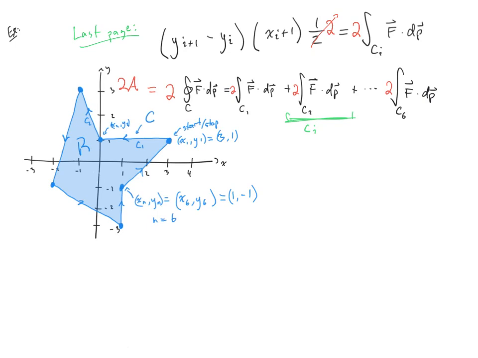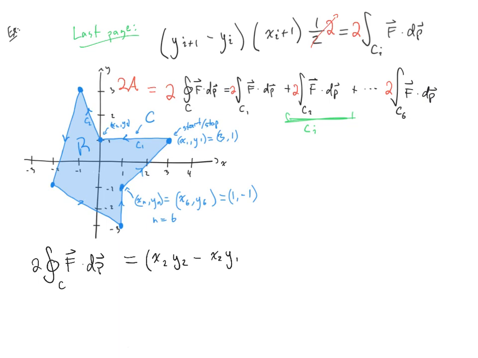So let's write this down. The thing we want, the integral over c of f dot dp times 2, is going to be, from c1, I plug in i equals 1 here, so I get x2 y2 minus x2 y1.